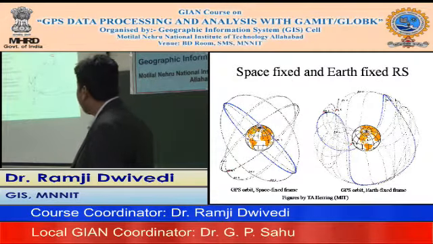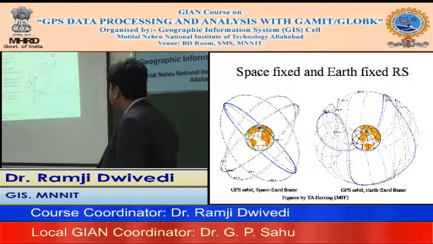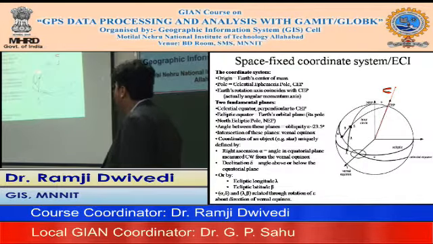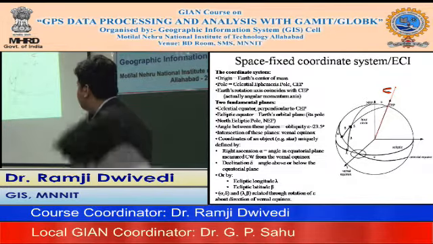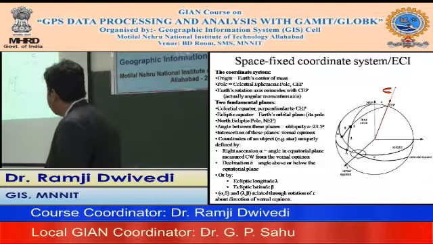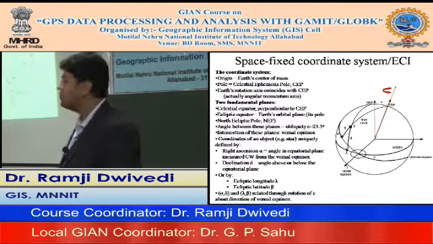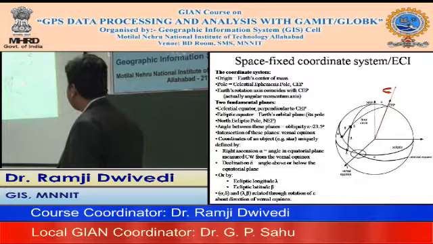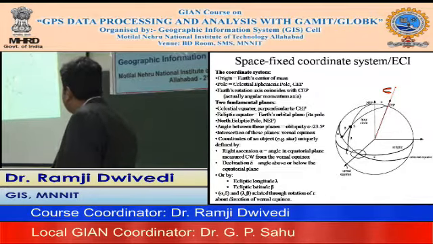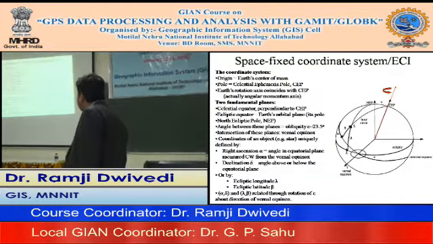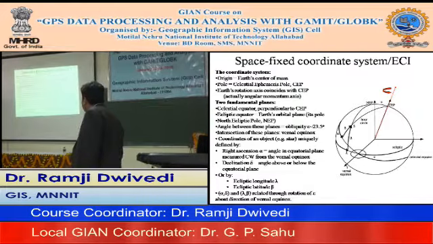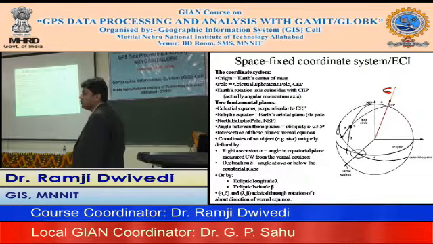And for star measurements over this space coordinate system, two reference planes can be used: one is the celestial equator, and the other is the ecliptic plane. If we use the celestial equator, we measure right ascension and declination, and you can see the celestial equator here.